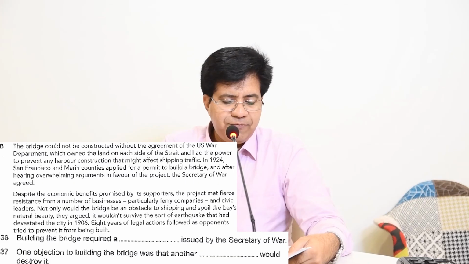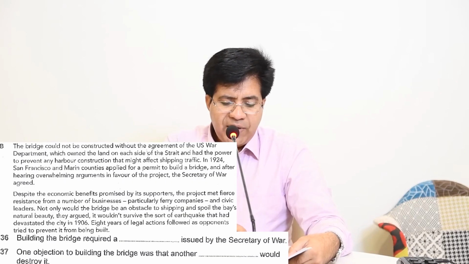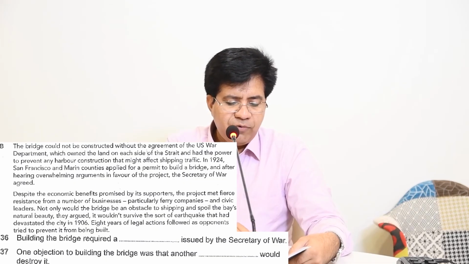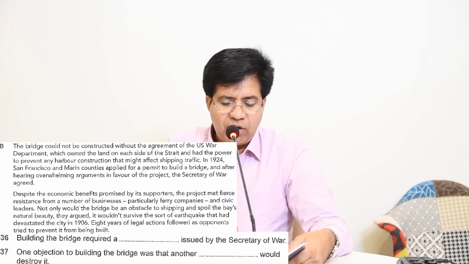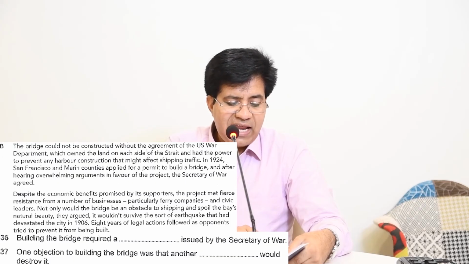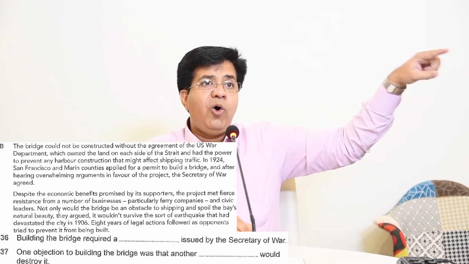Despite the economic benefits promised by its supporters, the project met fierce resistance from a number of businesses, particularly ferry companies and civic leaders. Not only would the bridge be an obstacle to shipping and spoil the bay's natural beauty, they argued it wouldn't survive the sort of earthquake that had devastated the city in 1906.